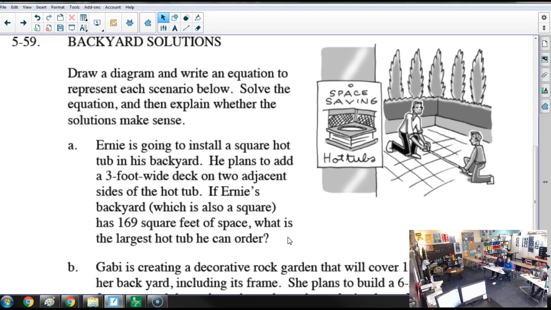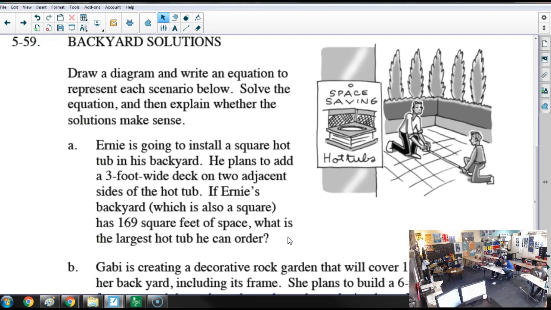It has to be connected. Sorry, I knew that was a trap door that some of you would fall into. A square hot tub going into a square space has to nestle in the corner and have the deck parts be like an L, right? It's got to be adjacent edges.